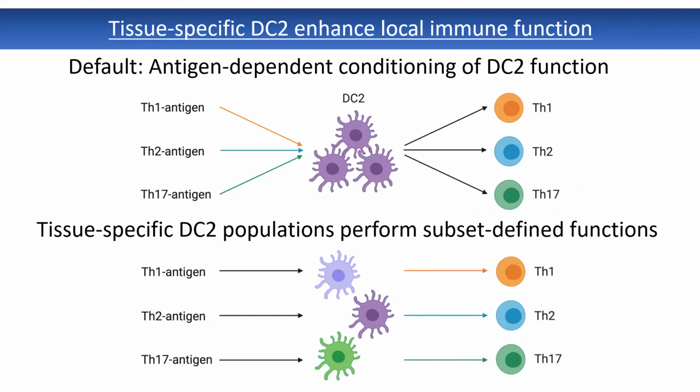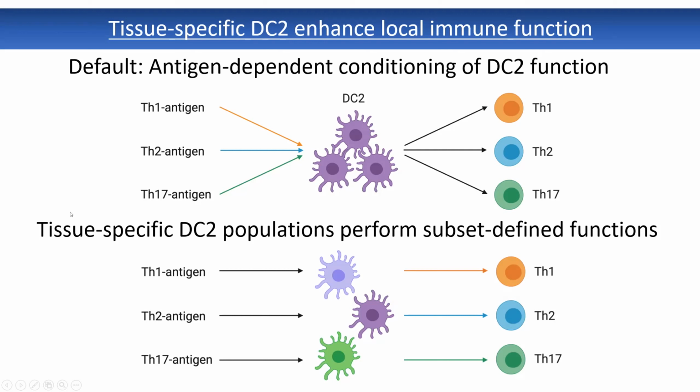And so we could clarify that at least in the example of the skin, there is a default antigen-dependent conditioning of type 2 dendritic cells because Th2 responses in our mouse models were not completely abolished. So there is some sort of capacity for the remaining type 2 dendritic cells to deal with and drive Th2 responses in a default context.